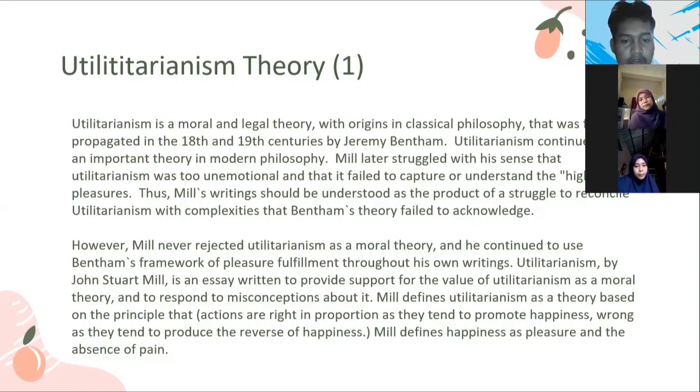Thus, Mill's writings should be understood as the product of a struggle to reconcile utilitarianism with complexities that Bentham's theory failed to acknowledge. However, Mill never rejected utilitarianism as a moral theory, and he continued to use Bentham's framework of pleasure fulfillment throughout his own writings.